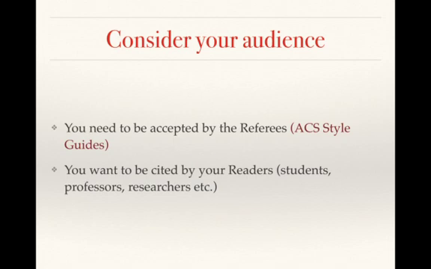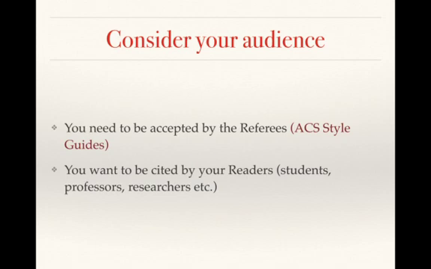In this research paper publication process, you need to know that your ultimate goal is to publish, which means that you need to be accepted by the referees, the people that are doing the peer review. In order to do that, you need to follow certain standards.